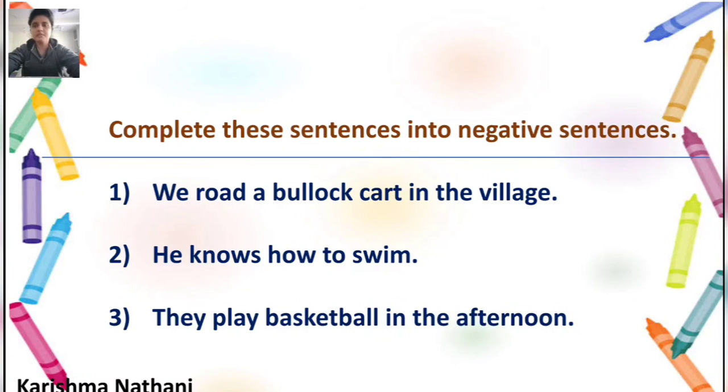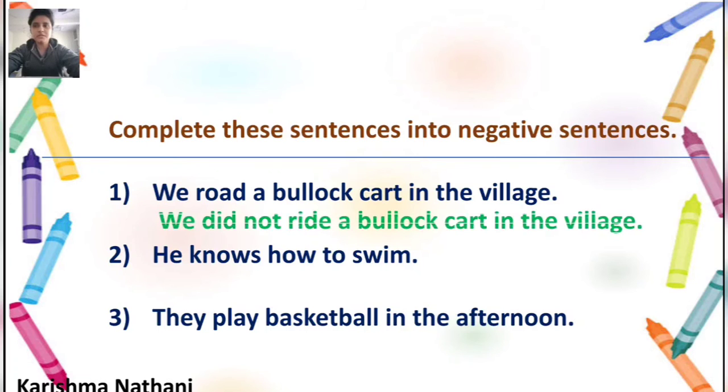Next is complete these sentences into negative sentences. There is a positive sentence, we have to convert it into negative, means not. We rode a bullock cart in the village. We did not ride a bullock cart in the village.